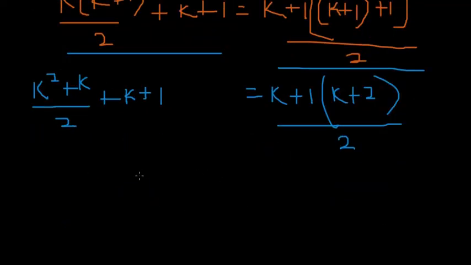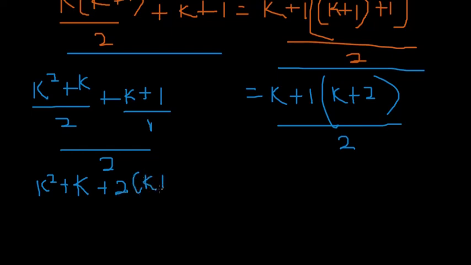Let's move on. From here, when we put this side over 1, we get (k squared plus k, plus 2 multiplied by k plus 1) divided by 2.